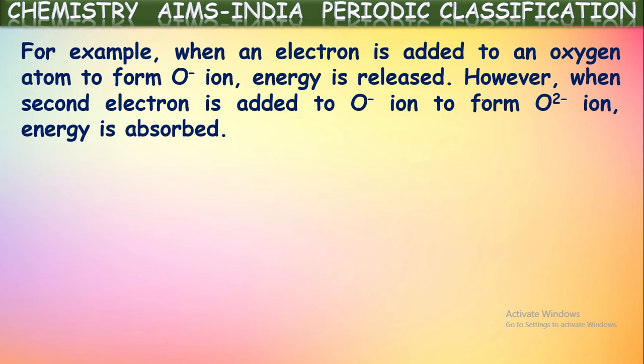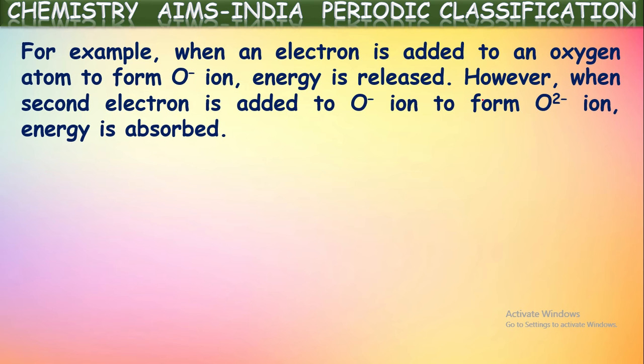However, when a second electron is added to O minus, even though oxygen is ready to gain two electrons, because it will get a complete octet by gaining two electrons, after gaining one electron, in gaining the second electron some repulsion occurs between the electrons in the outer cloud.